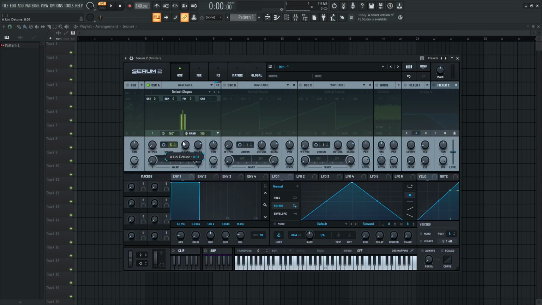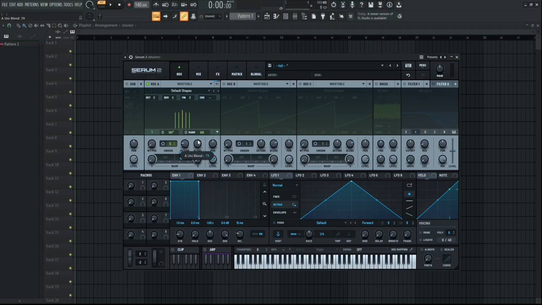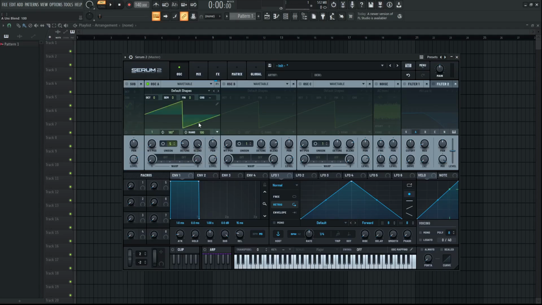Yeah. You have blends. I was talking before about how this yellow primary line is longer than the green lines. If I was to move this blend to 100, you can see now this yellow line is shorter than the green lines, which means that the additional voices are going to be playing at a louder volume than the primary voice.